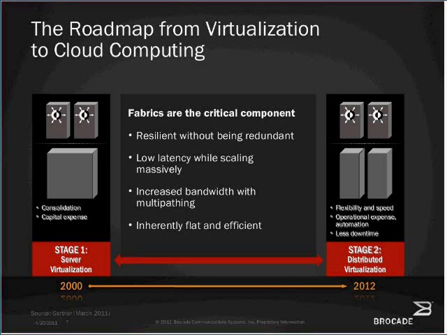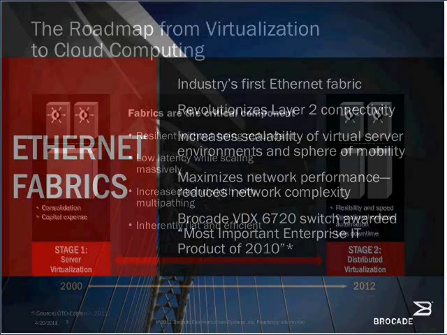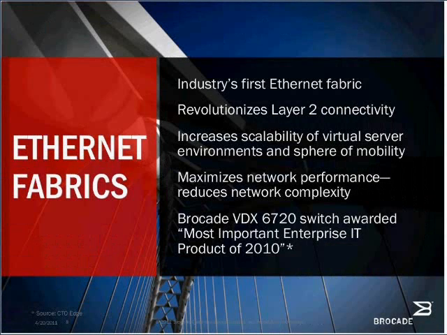So let's talk a little bit more about Ethernet fabrics in general. Brocade launched the industry's first Ethernet fabric. We announced it last May, and we started shipping products at the end of the year. It revolutionizes the layer 2 connectivity. It greatly increases the scalability of virtual servers because being a flat layer 2 network, virtual machines on any port can migrate to any other port with the network characteristics following the virtual machine, and we'll talk a little bit more about that in a couple of slides.